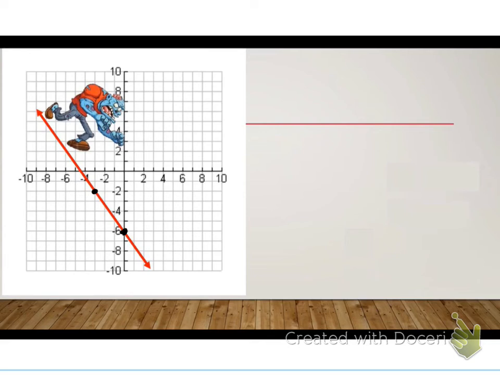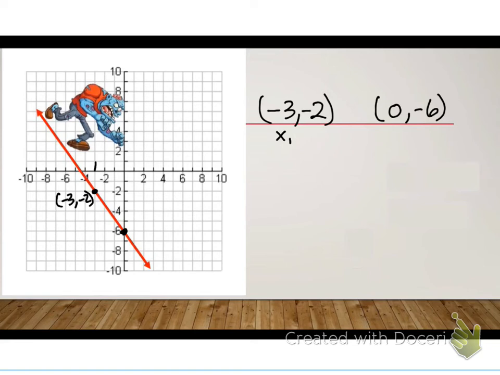We got -3 and -2 for the first one, right? -3, -2, because it's right here at -3, and then -2. And then the second one will be 0, -6. Okay.